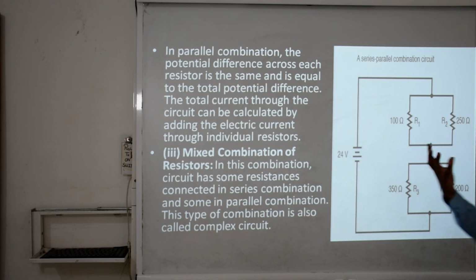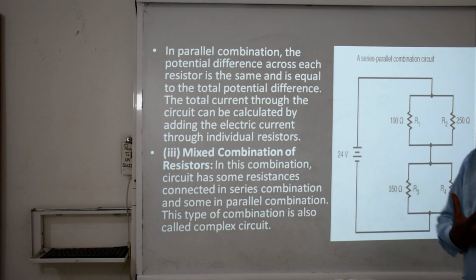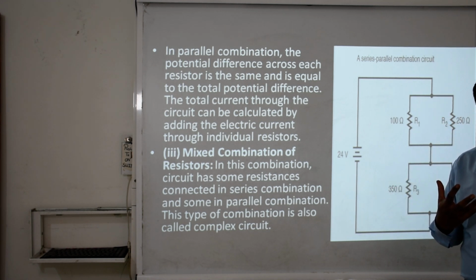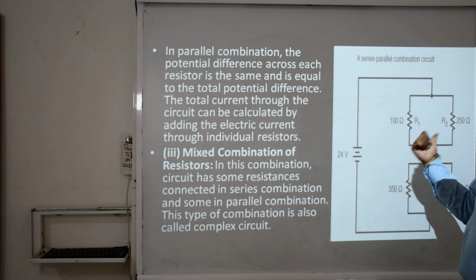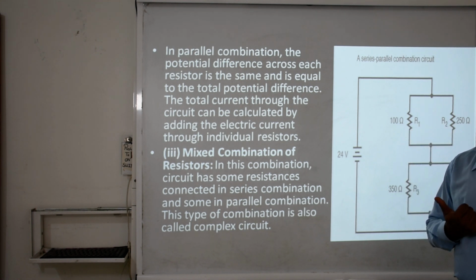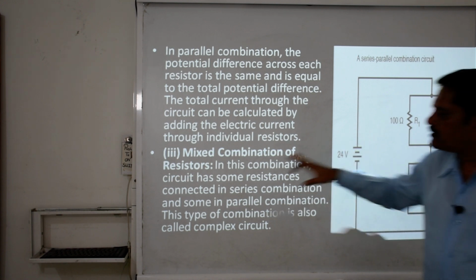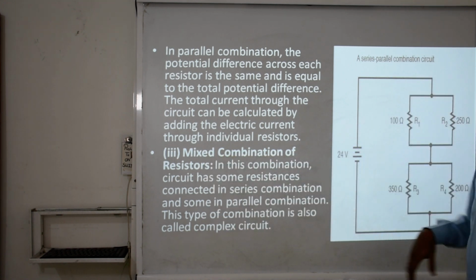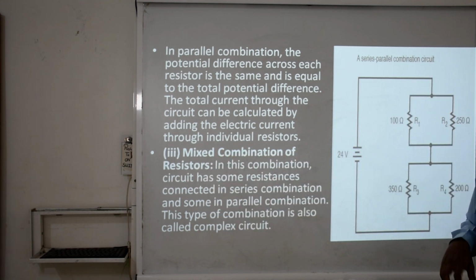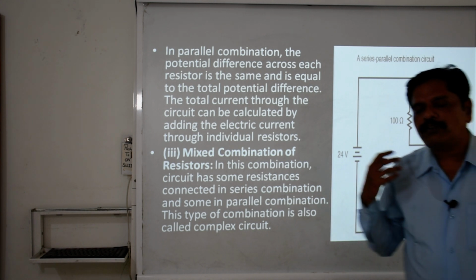So there is a combination of two types of arrangement: one is the series arrangement and the second is the parallel one. That's why we call it the mixed combination of resistors.